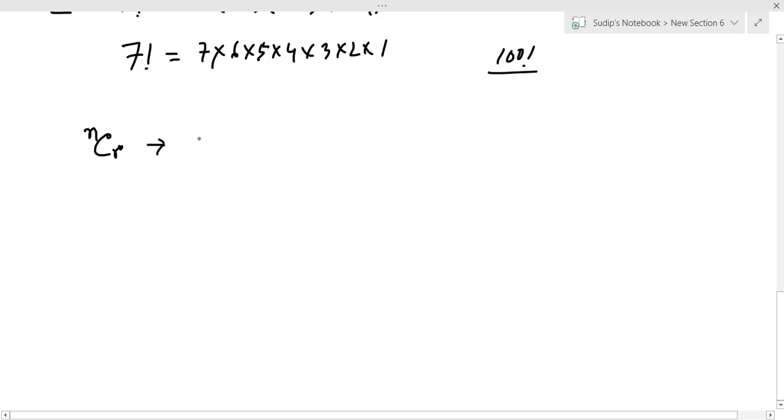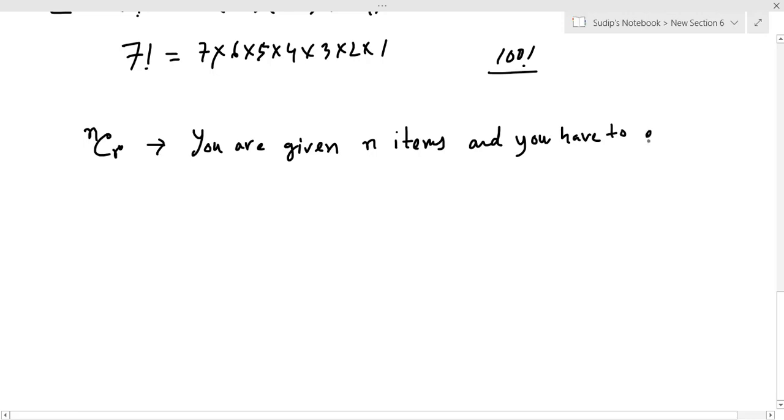NCR means you are given n items and you have to choose R items from them.